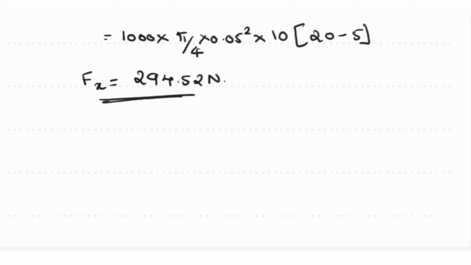So now we know what is VW1 and VW2. We can calculate force exerted by jet. So that is Fx is equal to rho into A into VR1 into VW1, here it is minus.